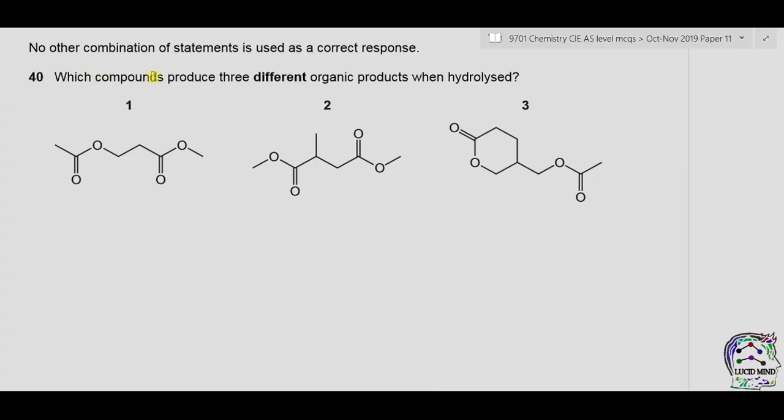Question 40. Which compounds produce 3 different organic products when hydrolyzed? As we can see that the ester functional group is present in 1. It is also present in second compound and also in third compound. So upon hydrolysis, ester will break down into carboxylic acid and alcohol functional group.